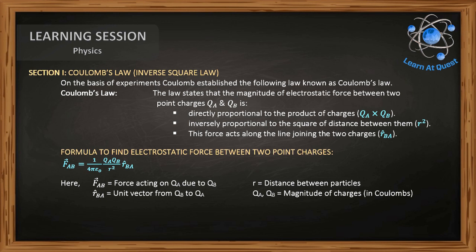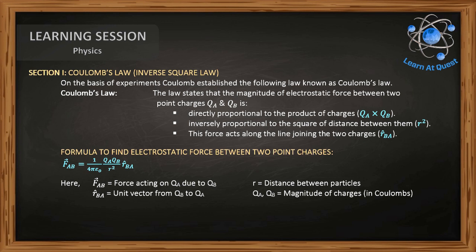Then Coulomb's law states that the magnitude of the electrostatic force between these 2-point charges is directly proportional to the product of the two charges, that is QA multiplied by QB, inversely proportional to the square of the distance between them, which is r square, and this force acts along the line joining the 2-point charges, which is given by the unit vector r cap between the 2 points.